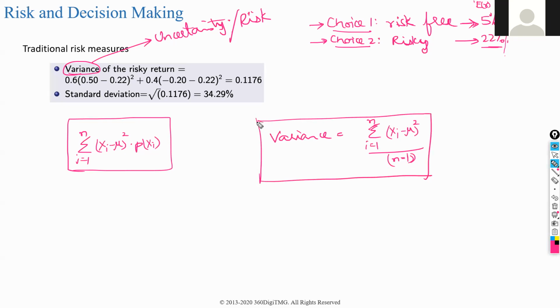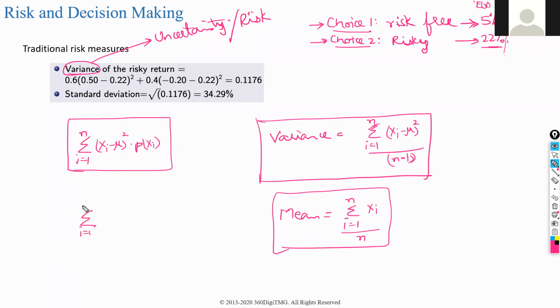Simple, we will not be getting into too complicated stuff, right? For mean, the formula was summation of i equal to 1 until n, xi divided by n. But for expected mean, the formula was summation of i equal to 1 until n, xi into probability of xi. This is expected mean, expected variance, regular variance, and mean.